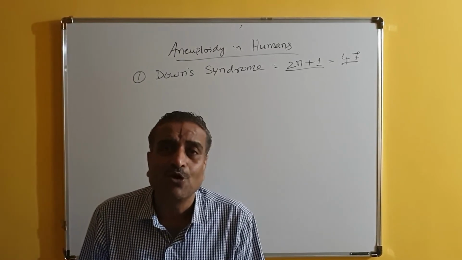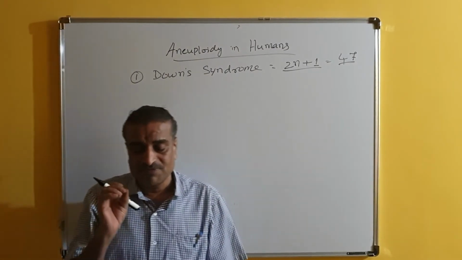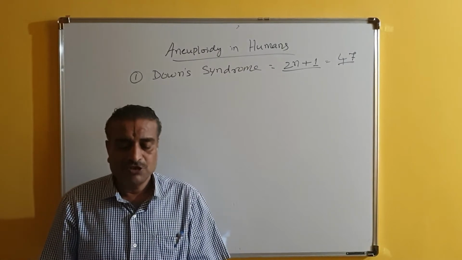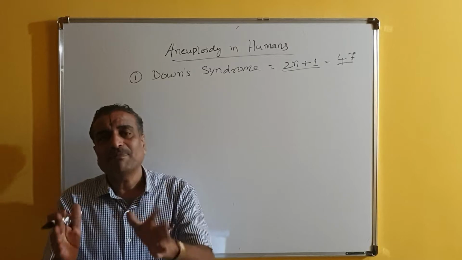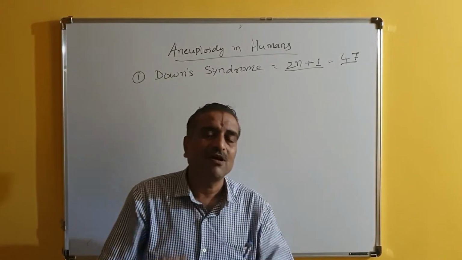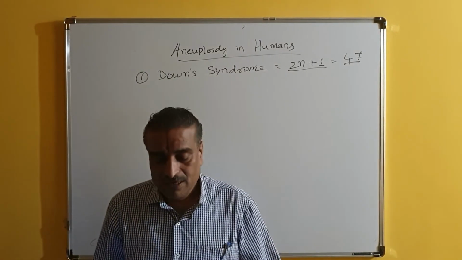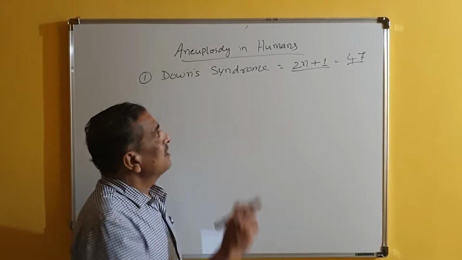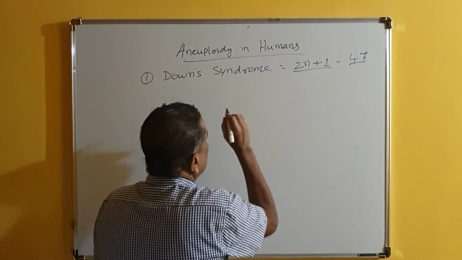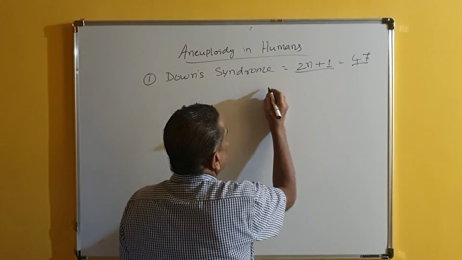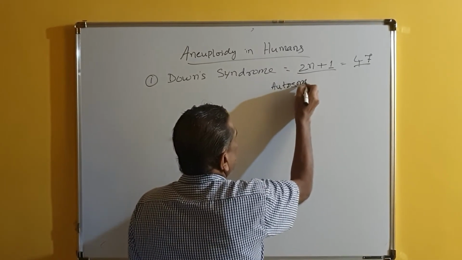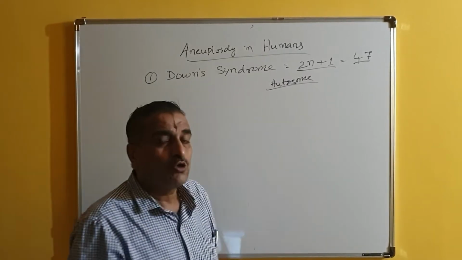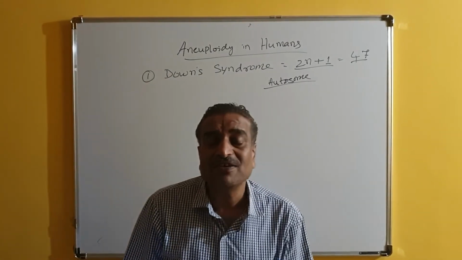Why is it named so? This type of syndrome was first discovered by a scientist, John Down, in 1828. Because of that person, this disease is named after Down. A person having this syndrome will have one autosome extra, so we call this an autosomal syndrome. It involves the 21st chromosome.